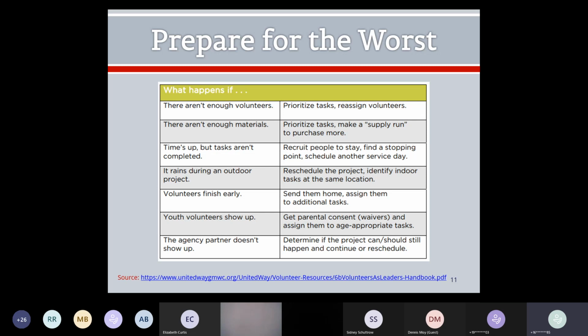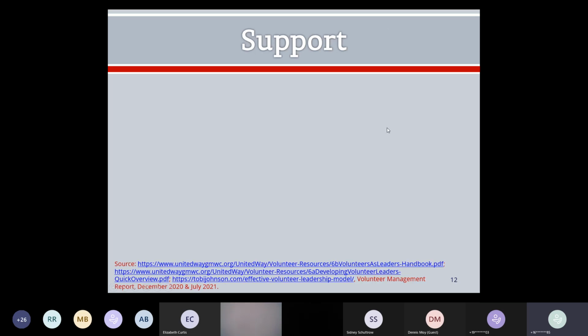But I mean, we have to prepare for the worst. So what's going to be our backup plan if something falls through? So these are things to also prepare for in your training with the volunteer, to say, we hope for the best, but we prepare for the worst, and here are some scenarios that could happen. So this might help us in our regular everyday activities anyway. I know I haven't thought about some of these in a long time.